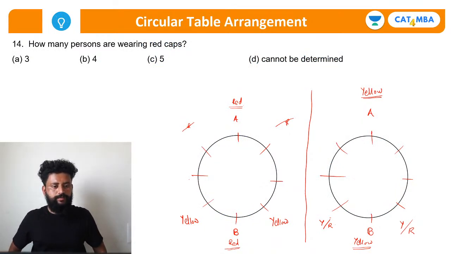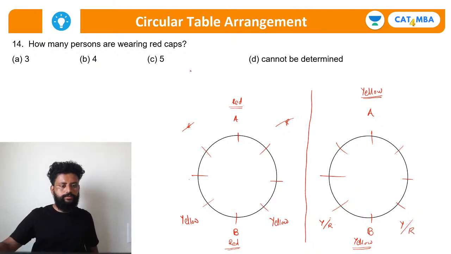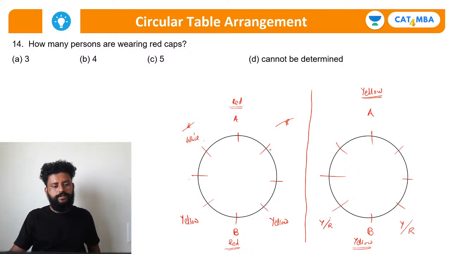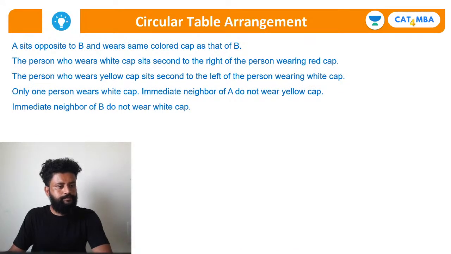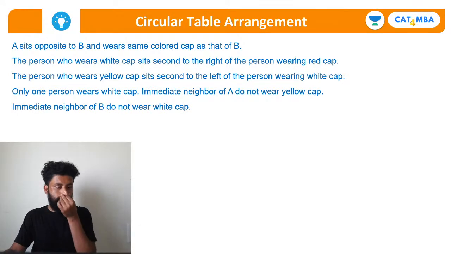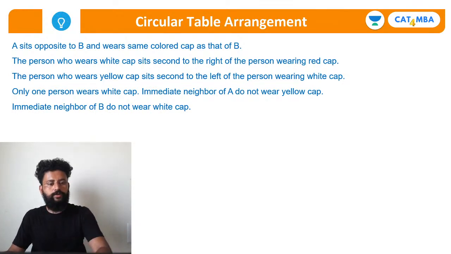Okay, now we have white must be somewhere here. So this is white, or this. Only one person wears white cap and immediate neighbor of A do not wear yellow cap.